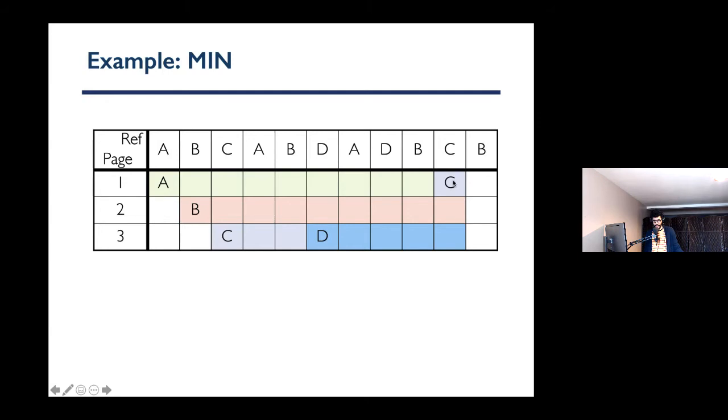Here we picked A. It didn't matter because again we don't have the future. So we picked between A and D, and this is what you get. So overall 1, 2, 3, 4, 5. So instead of 7 faults, you get 5 faults. A lot better than FIFO.